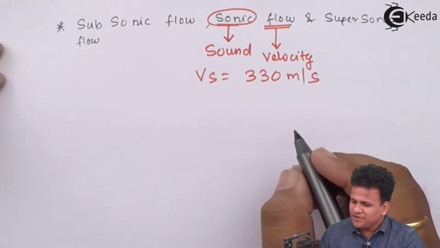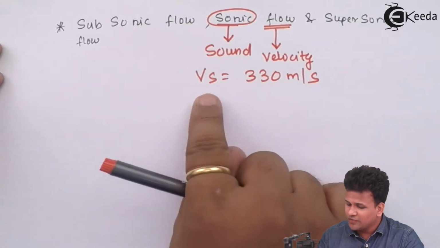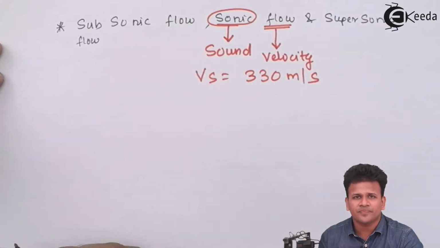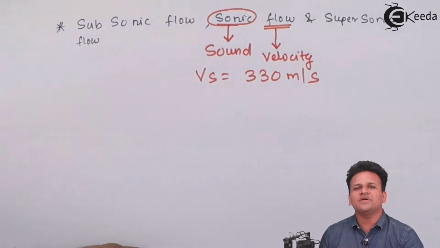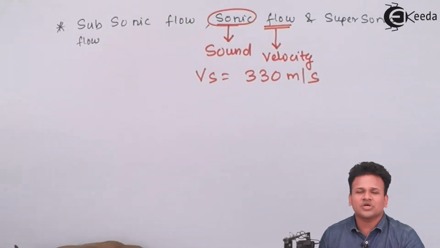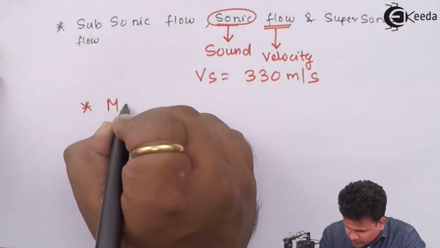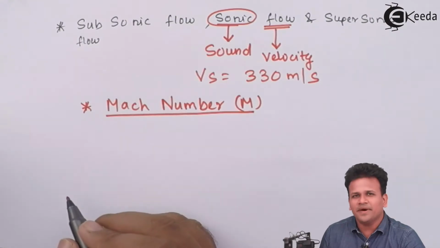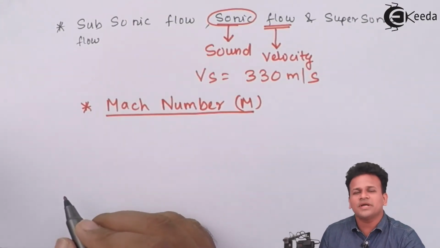Now we have to divide, with respect to the sonic velocity or velocity of sound, three different kinds of flow. For that, we have to study one more dimensionless quantity, which is called the Mach number. Mach number is actually a ratio of two physical quantities.